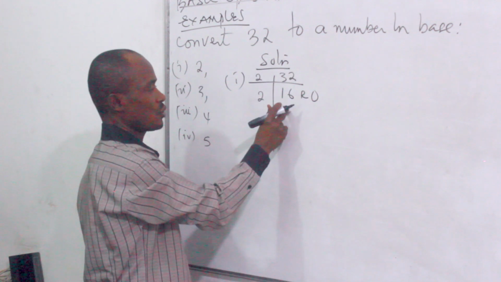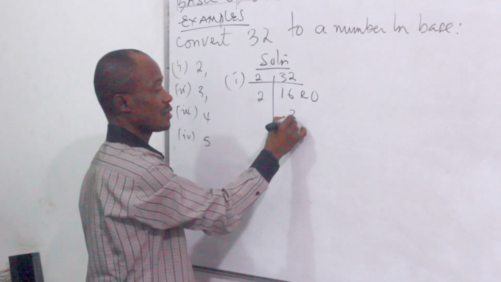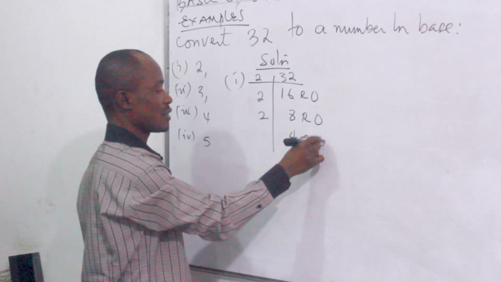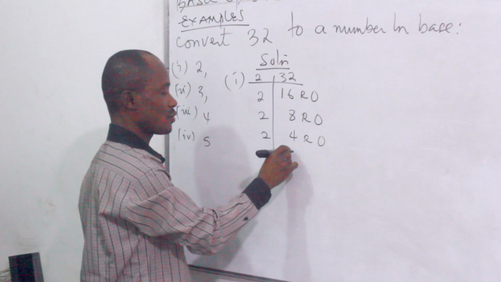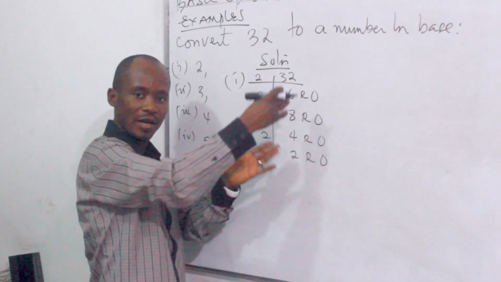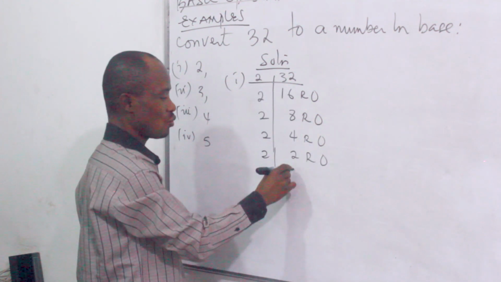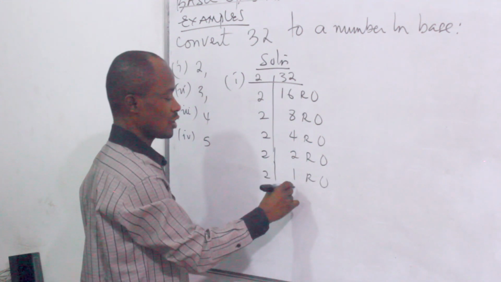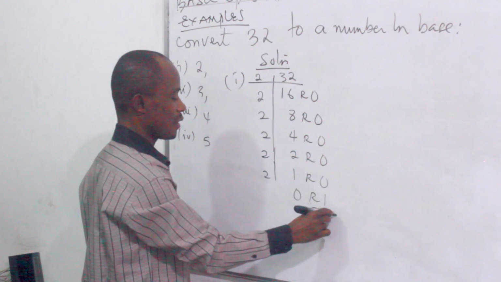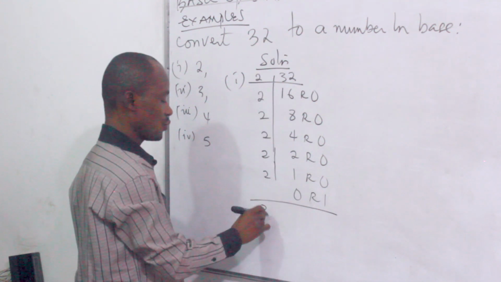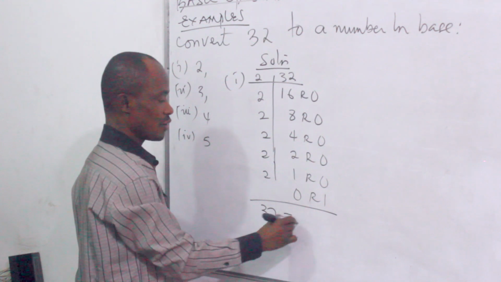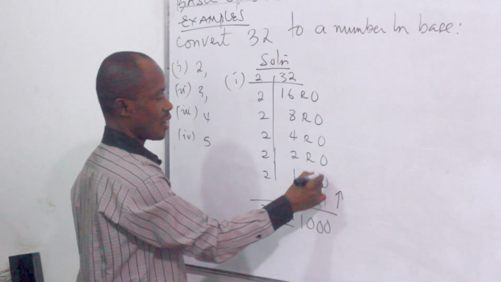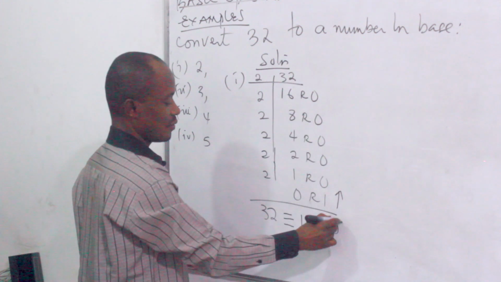Then 2 into 16 goes 8 times, remainder 0. 2 into 8 goes 4 times, remainder 0. 2 into 4 goes 2 times, remainder 0. Always write down the remainder. 2 into 2 is 1, remainder 0. 2 into 1 can't go, so we have 0, remainder 1. That tells you that 32 in base 10 is equivalent to, starting from the last remainder, 1, 0, 0, 0, 0, 0 in base 2.